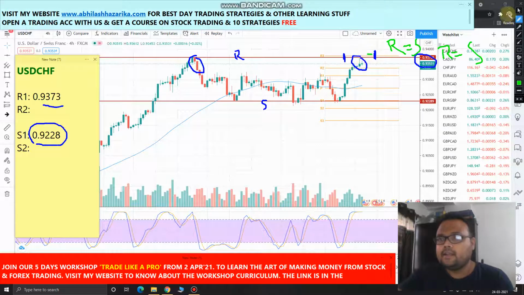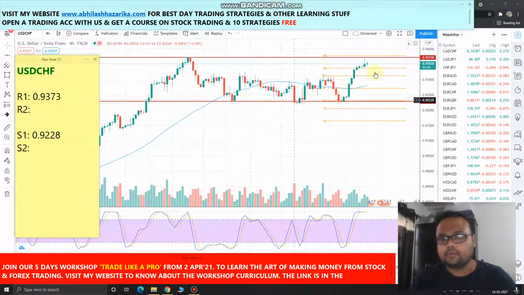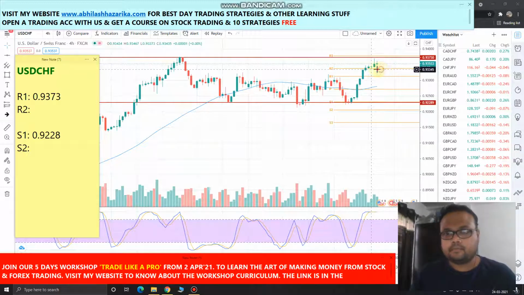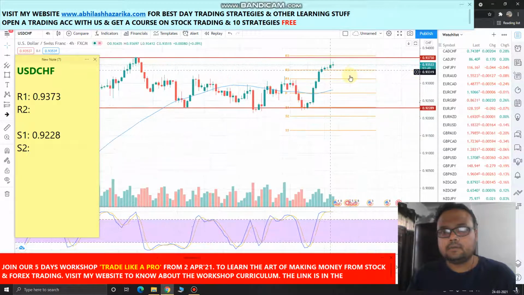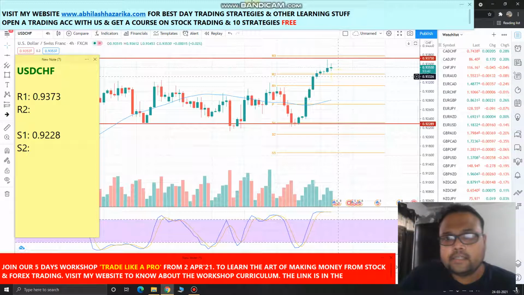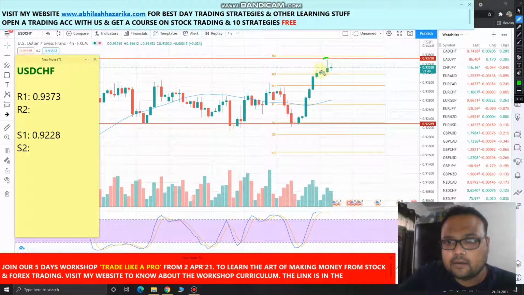But right now, let me show you, let me zoom in. It will be easier for you to understand. Right now you can see that there is some price rejection from above, this candle.